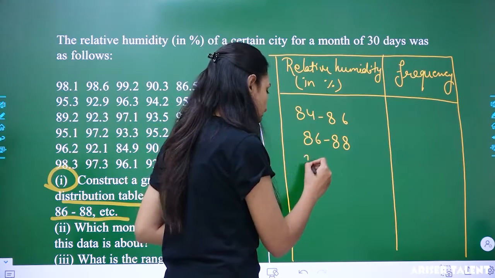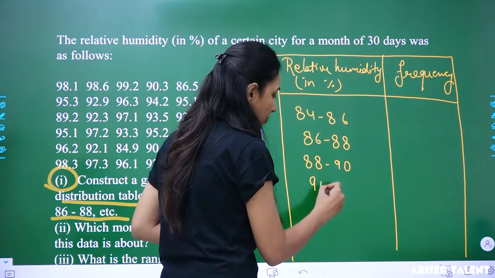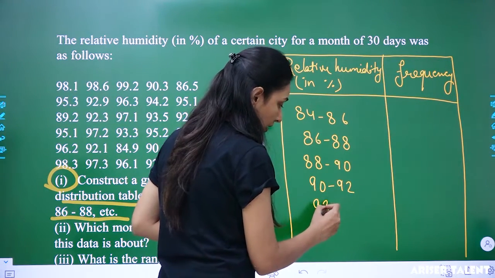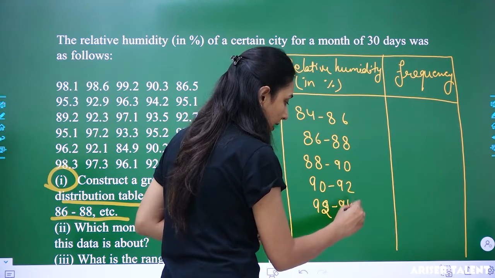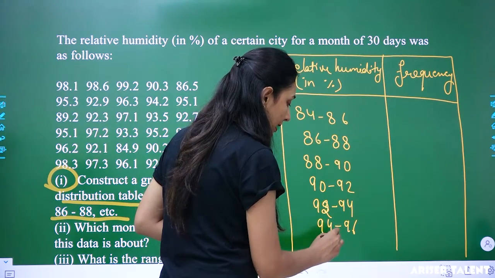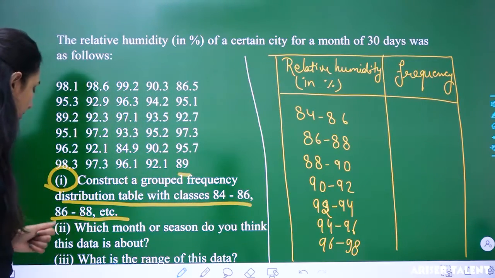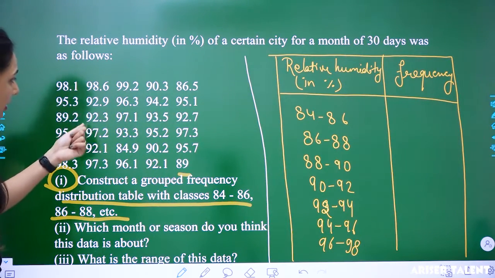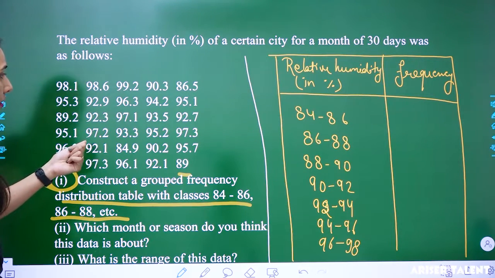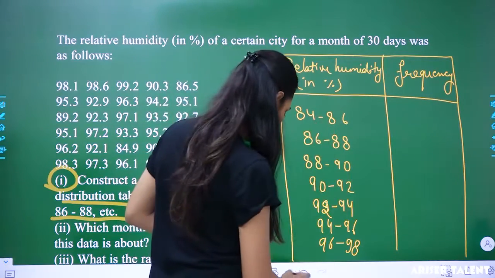Now from 88 to 90, then 90 to 92, then 92 to 94, right? Then 94 to 96, and then 96 to 98. After that we are having 98.1, so we should shift it.